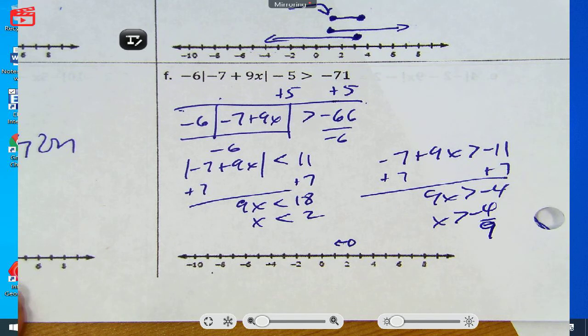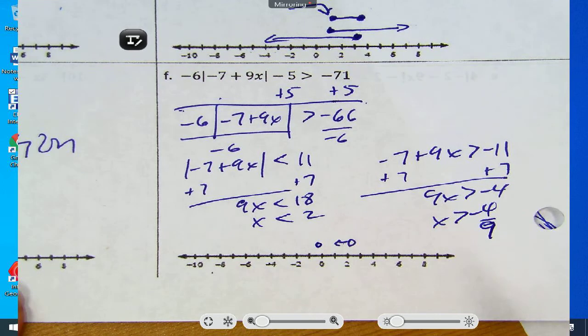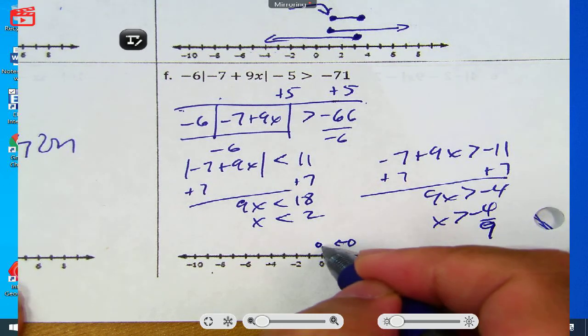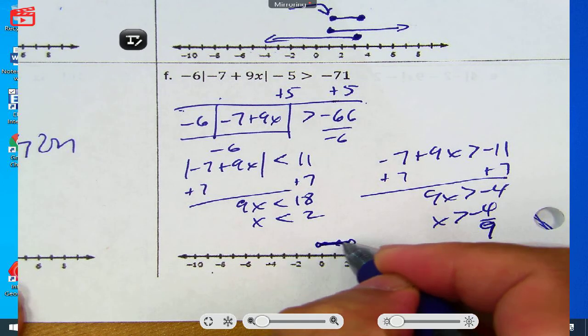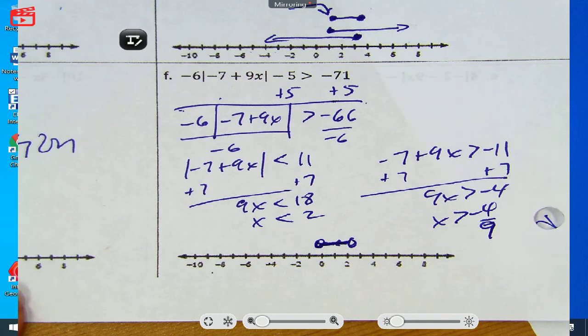It's between what two numbers? 0 and negative 1. So I'm going to put it here. And then greater than that, it goes to the right. So here, there's my answer.